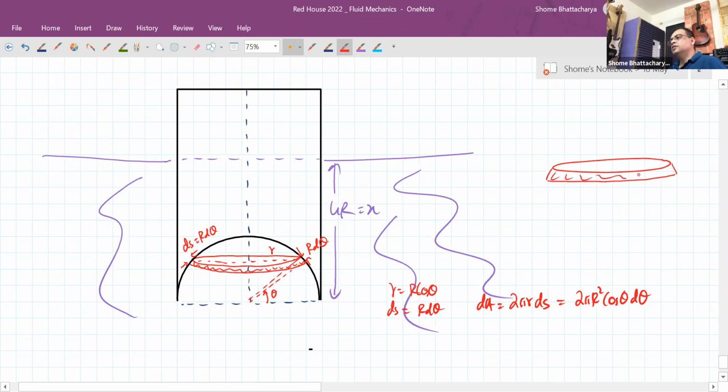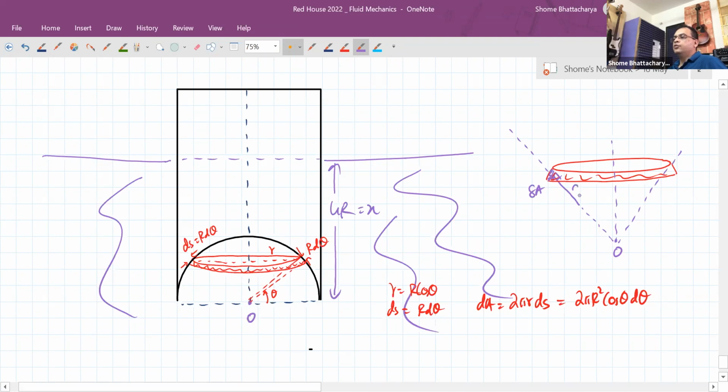Within that ring, if you consider a small area like delta A, what is the direction in which the force is acting on that small area because of pressure? It's acting radially, from the center of that hemisphere, from this point, where this point is O, let's say.